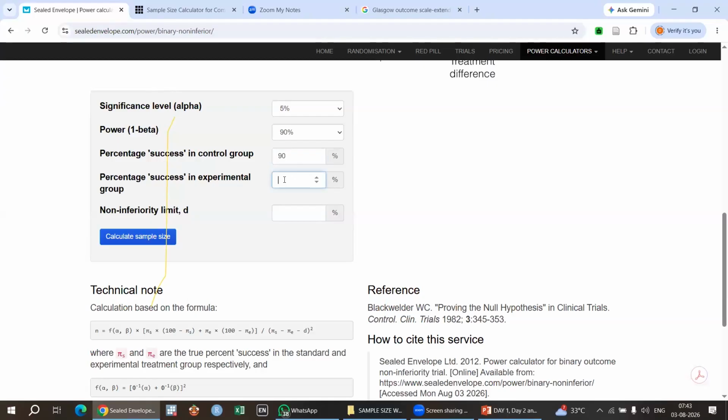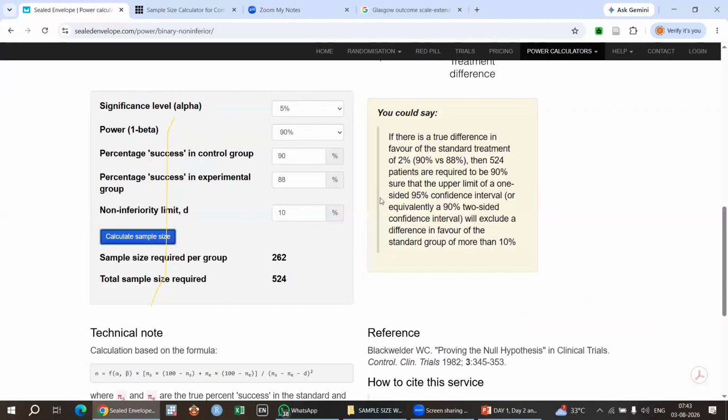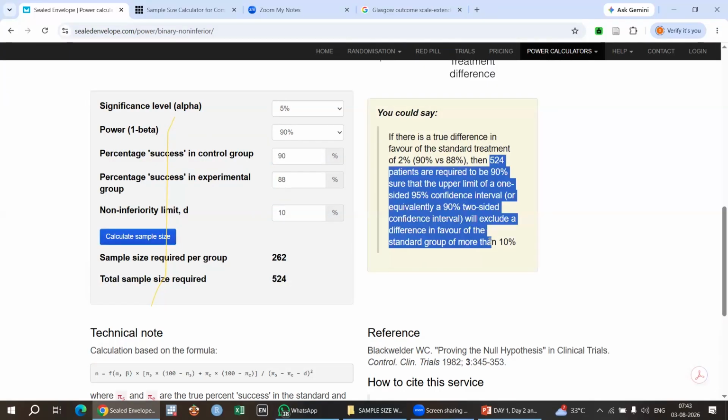Success in experiment group 88. And this limit is, I think, 10 that we have written here. Then calculate. This is 90% power. It is coming 524 patients. So we have to do some adjustment here. Then we can get it.